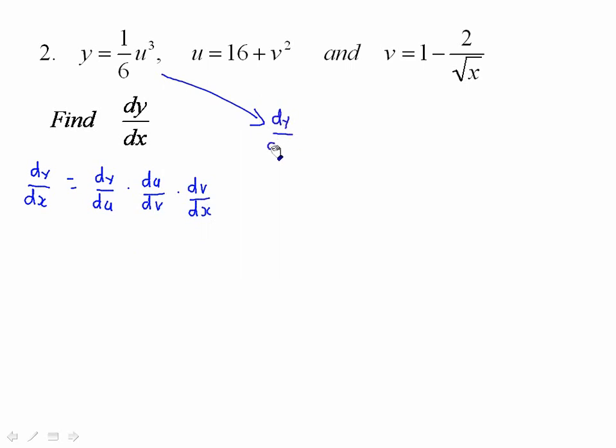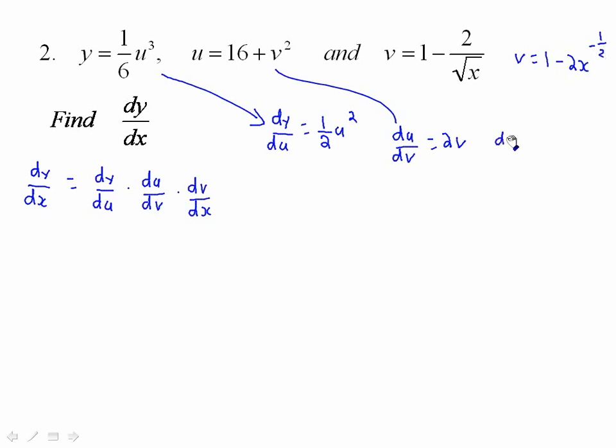So dy du is equal to 1 over 6 times 3, which is 3 over 6, so that's 1/2 u squared. And then du dv is equal to, well, 16 goes away, but 2v or v squared become 2v. And then this one I would also write in a different form. I would write this as 2 over x to the 1/2, which becomes x to the negative 1/2.